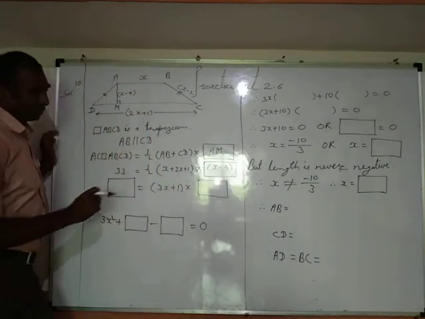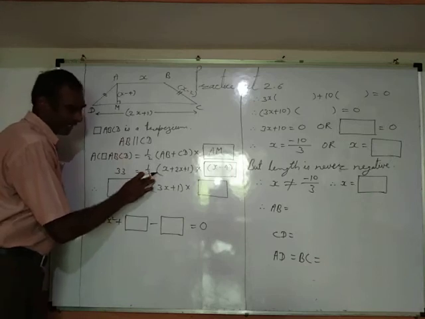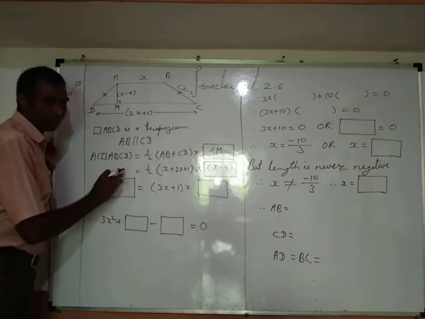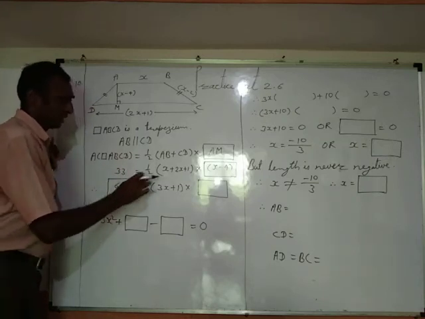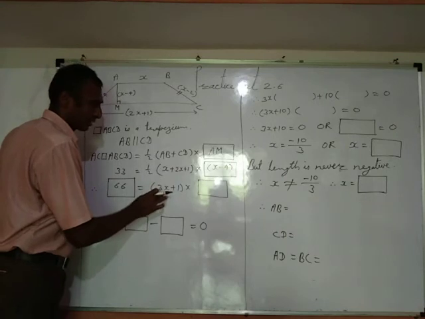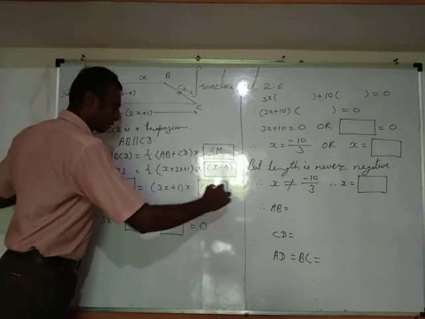Now 1 upon 2, 2 is at the denominator of RHS, it will be the multiplier of LHS. 33 into 2 gives us 66 equals x plus 2x gives us 3x plus 1 into x minus 4.